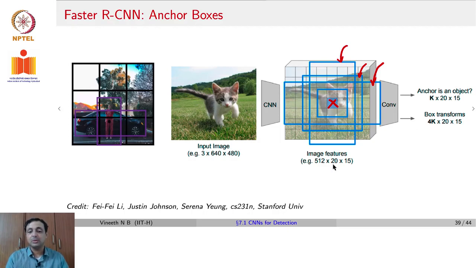And if you had 512 x 20 x 15 as your image features, then you're going to have k x 20 x 15 as the output, and you would have 4k x 20 x 15 as the bounding box offsets for each of these anchor regions. So this part of the network does bounding box offset fine tuning, but it also checks whether a region is an object or not an object.